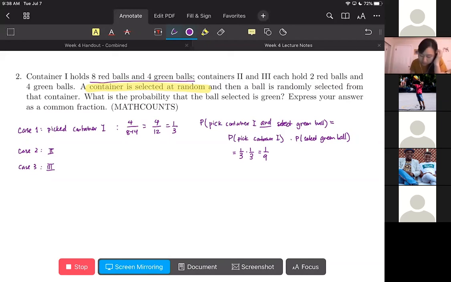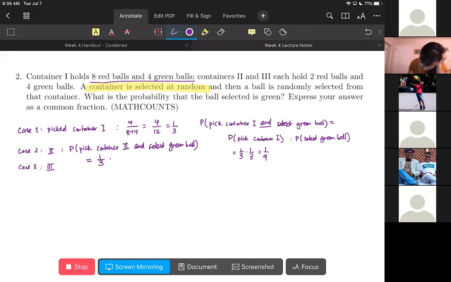All right, let's do case 2. It's very similar. Any ideas on this one? So this one would be 2 over 2 plus 4. Actually, wouldn't it rather be 4 out of 2 plus 4? So it's 1/3 that we pick container 2.